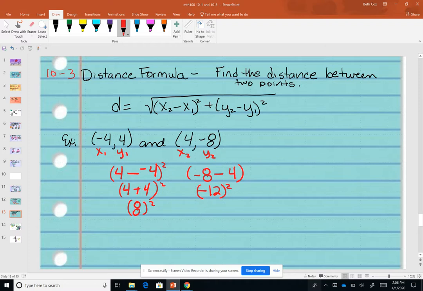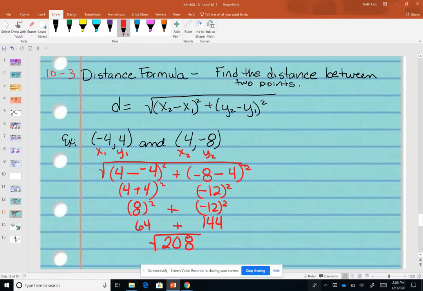It will give me 144. Hold on. Let me get this written down where I want it. All right, so I have 64 plus 144, which is 208. Okay, and then let's finish out the formula. The last thing I have to do on my formula is the square root.